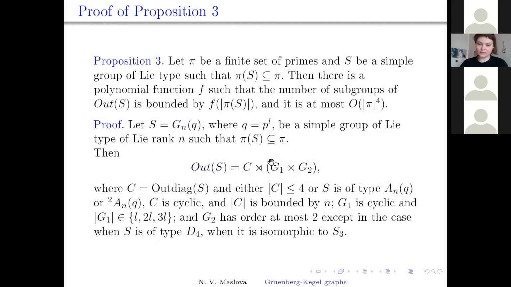And G1 is cyclic, and its order is bounded by l. It's either l, 2l, or 3l. And G2 has order at most 2, except for the case of the group of type D4, where it's S3. In any case, G2 is very small.